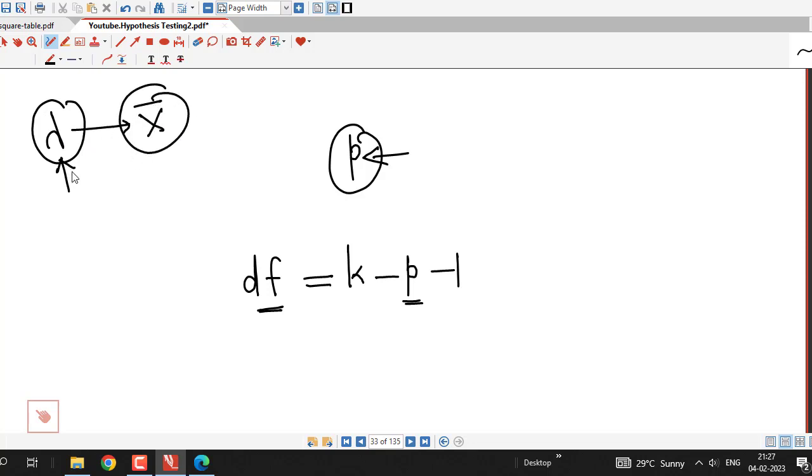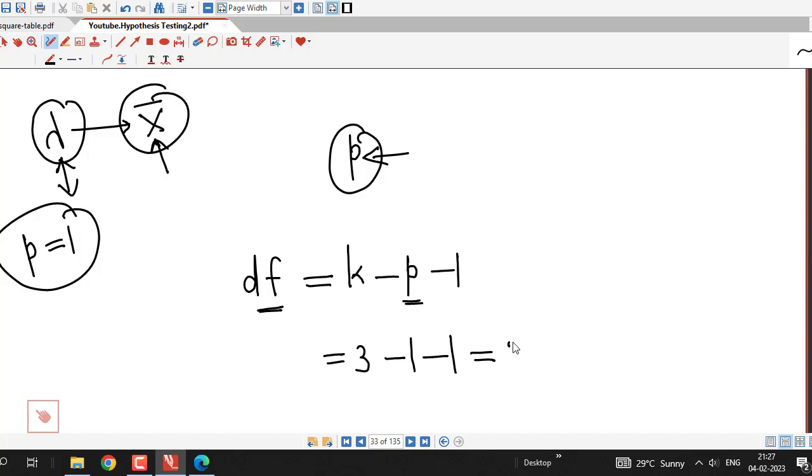So the number of parameters estimated using sample data is small p equal to 1. We have estimated only one parameter of the Poisson distribution using sample data, therefore it is 1 here, and we have 3 categories. So we have 3 minus 1 minus 1, that is 3 minus 2, which is 1.